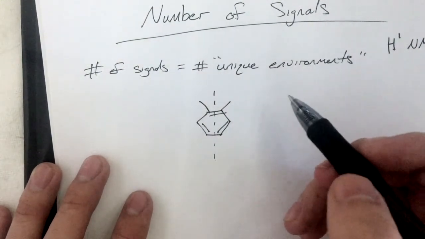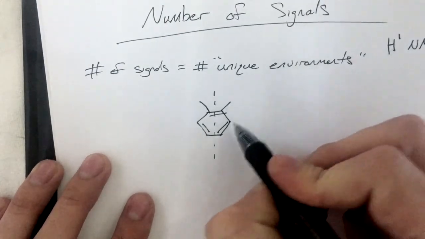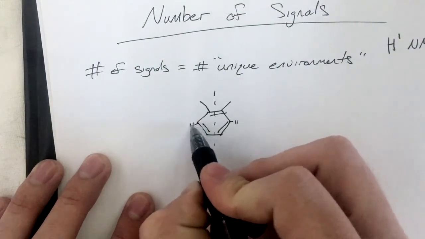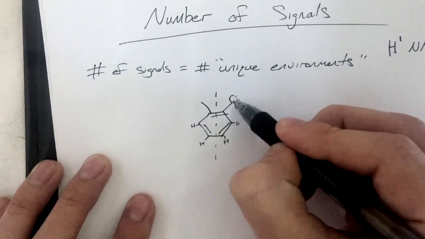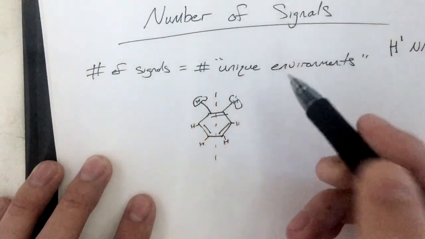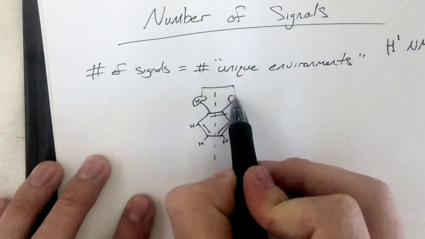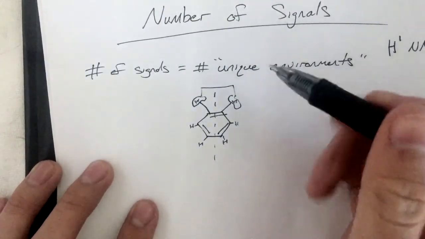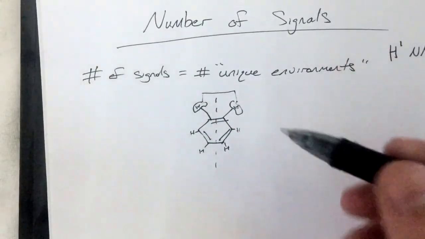So when looking at hydrogens, this guy here has a hydrogen. Because of this line of symmetry, these two hydrogens are the same signal. When you're doing IR, you'll see this in Organic Chemistry Lab as well.